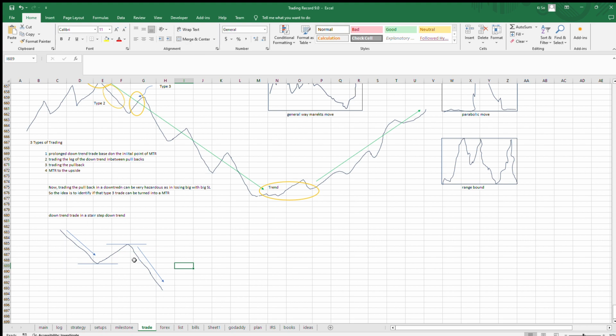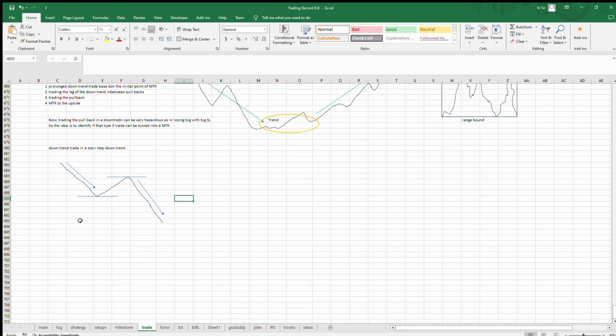So this is the area that I would be interested in. So what's happening is that when I enter, I'm looking for a particular signature, so this is area 1 and this is area 2 that I can be looking at. So when I look at this situation, that would be the third type of trade that I'll be looking at.